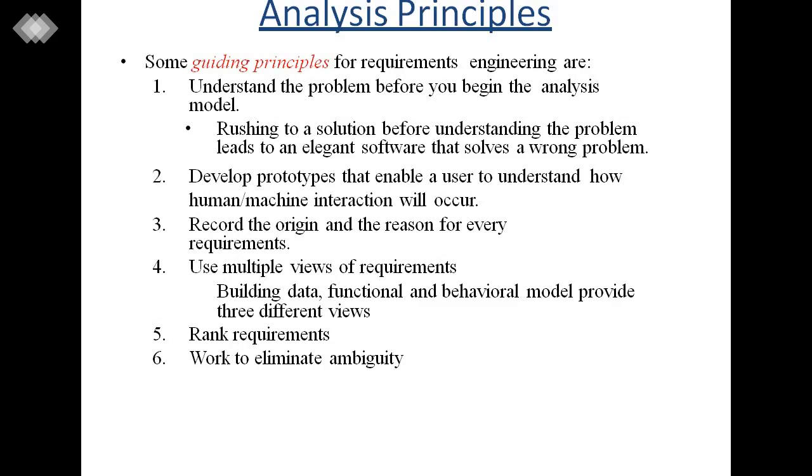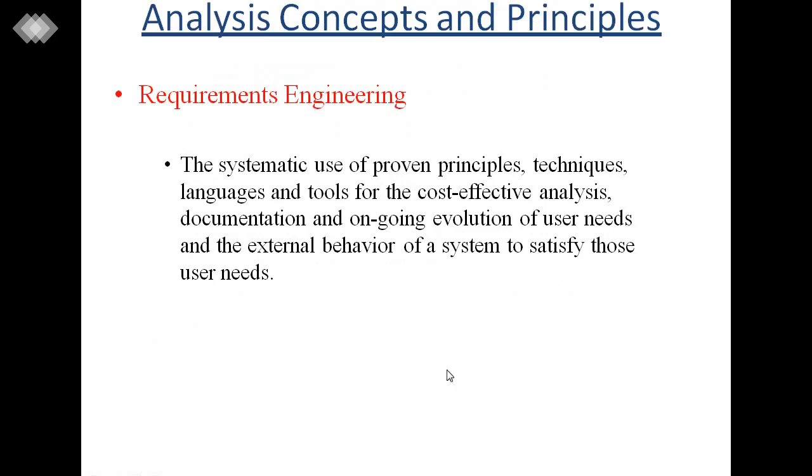Third, record the origin and the resources of every requirement. Fourth, use multiple views of requirements, such as data, functional and behavior models, which provide different views of your analysis. Fifth is rank requirements, and sixth is eliminate the ambiguities which occur during requirement analysis. So these are the principles related to our analysis.